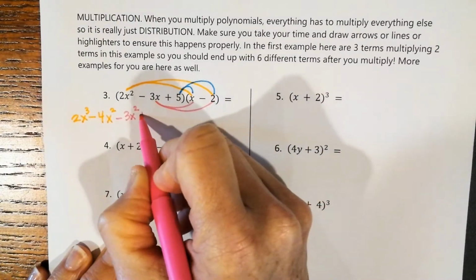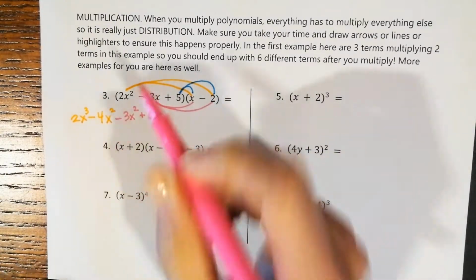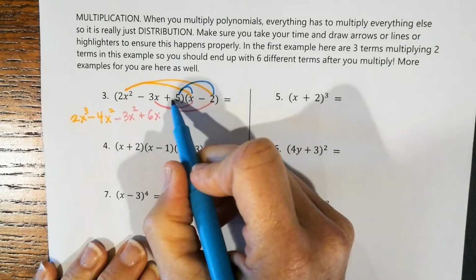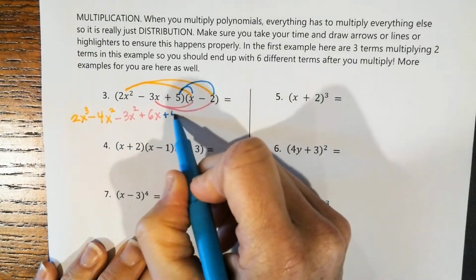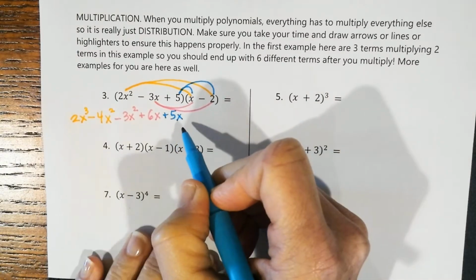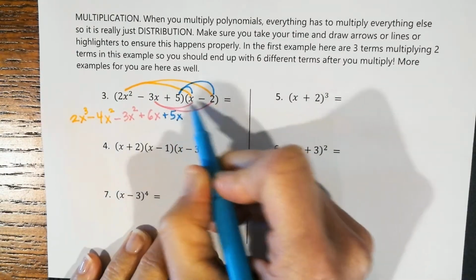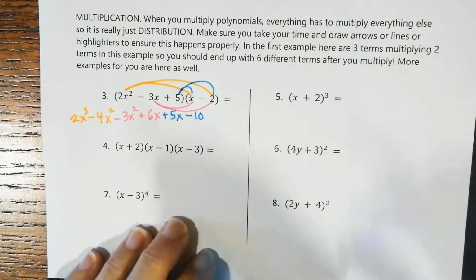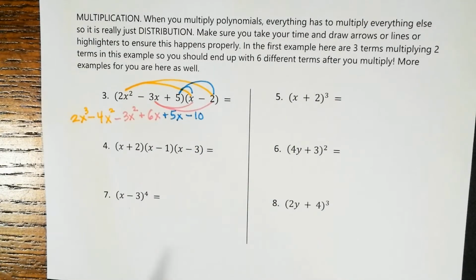So that's going to be plus 6x. And then now we can move on to our blue. So this is going to be plus 5 times x. And then this is going to be plus 5 times minus 2. So minus 10. And now we can go ahead and combine whatever is the same.